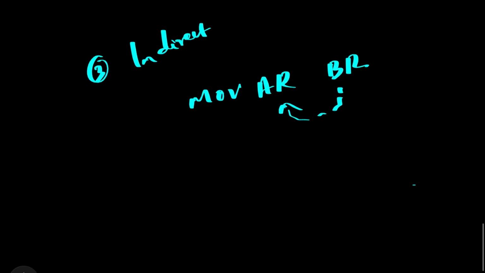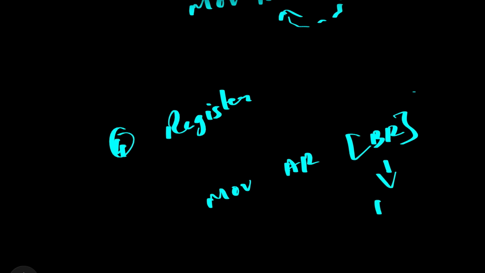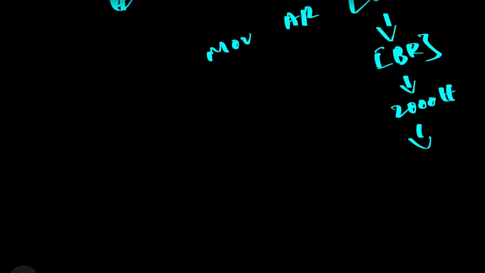This is indirect, with a register. The square braces state that this BL register holds some address, and this address will be decoded to get some data, and now this data will be moved to AL. This is how the register mode works.